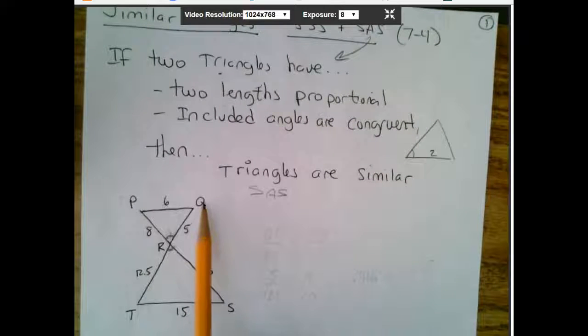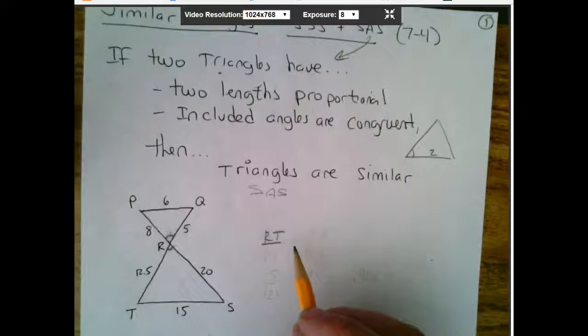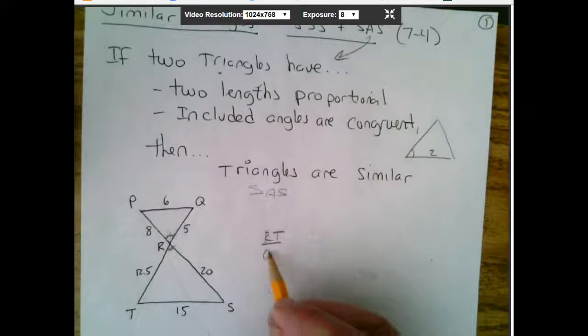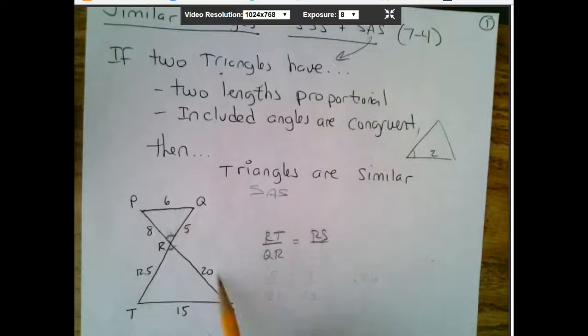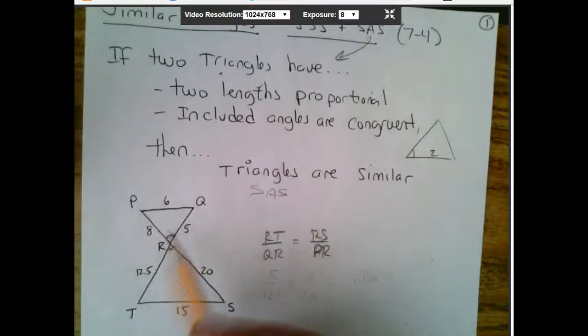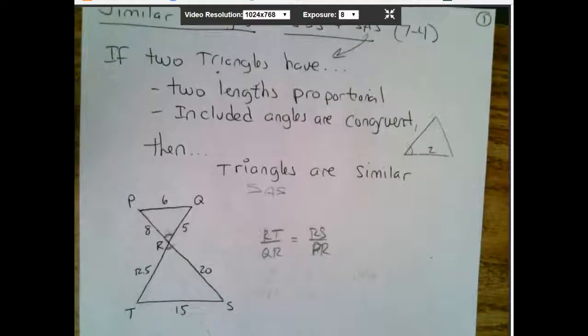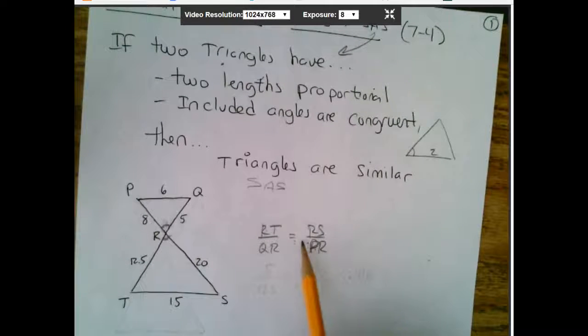Okay, so let's go ahead and set that up. We'll do RT, and compare it to QR, and then the other one, RS, we'll compare to PR. These have to be the right sides, corresponding sides of the triangles, ones that correspond to each other. Then we just plug in our numbers.